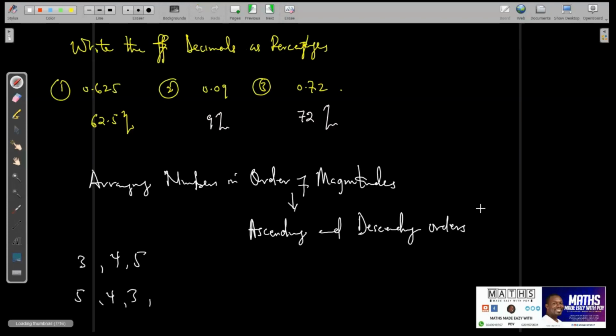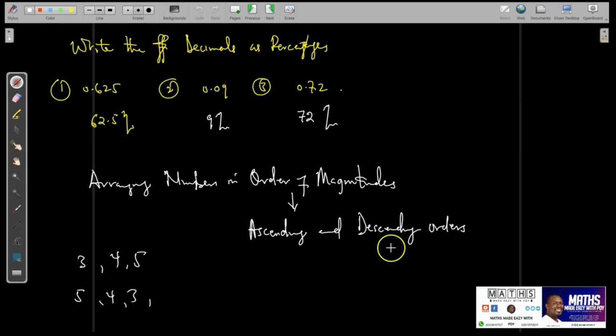As I said, we are looking at arranging numbers in order of magnitude. We talk about ascending and descending orders. Ascending order means to arrange the numbers from the smallest value to the largest value.